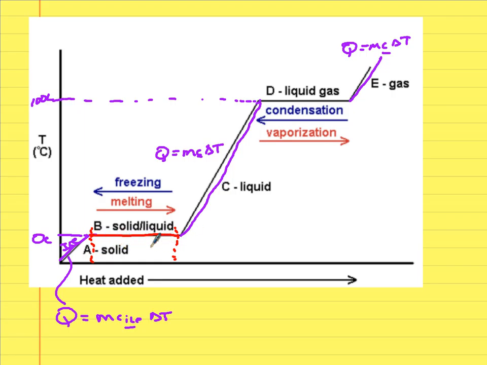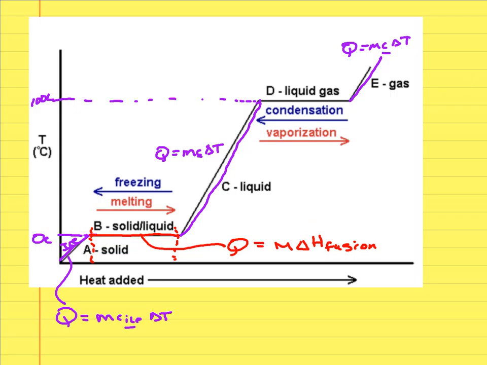And this formula is very simple. It's the mass of your material times, and we're going to use the delta H of fusion. This is the latent heat of fusion. We'll discuss this more in a second.